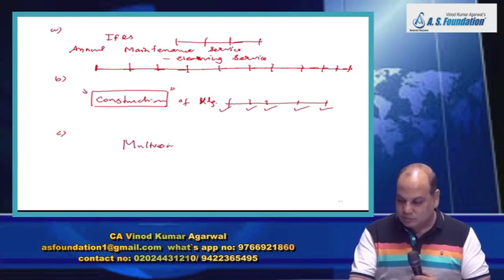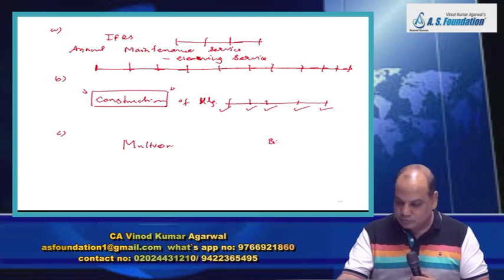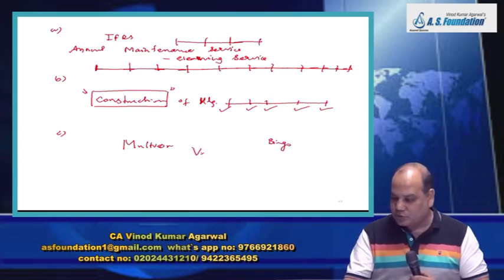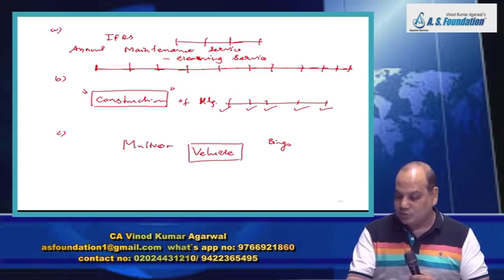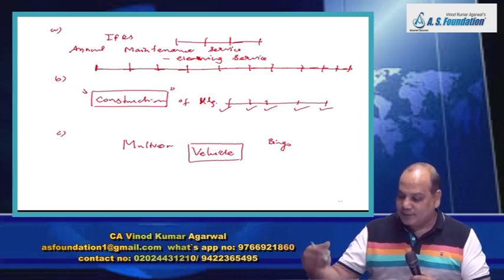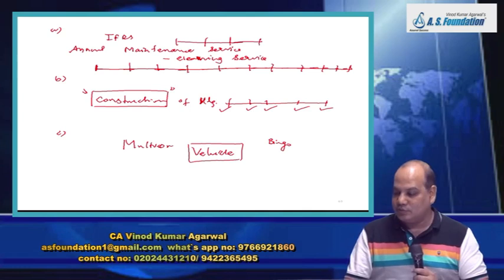Multicon has a customer Bingo, and Bingo says you construct a specially designed vehicle for me. Specially designed. It cannot be used by others. It is of no use to Multicon also. It cannot be sold to other customers also.